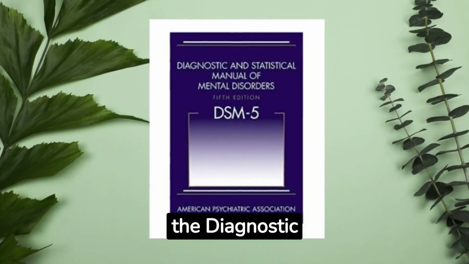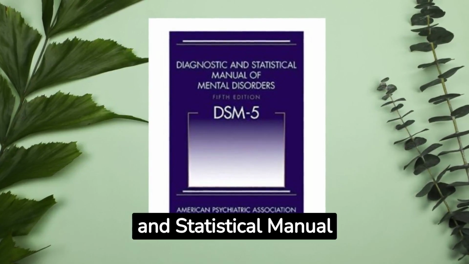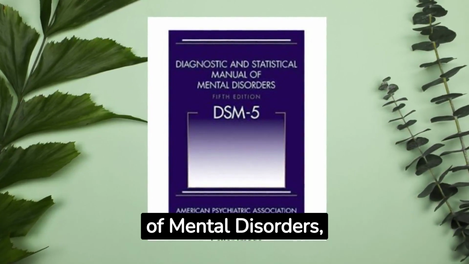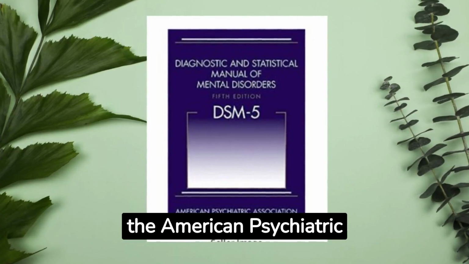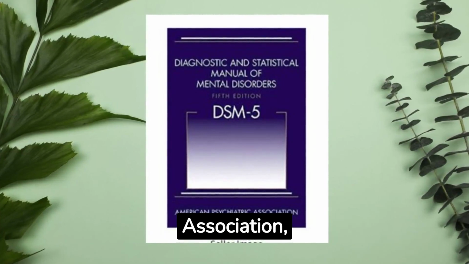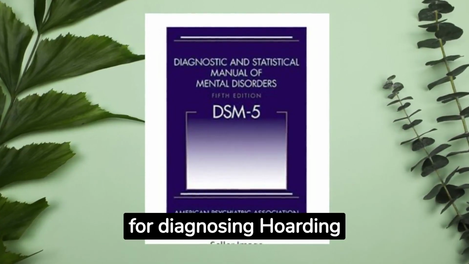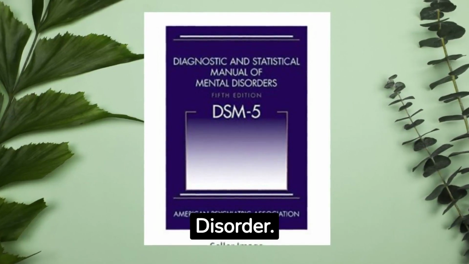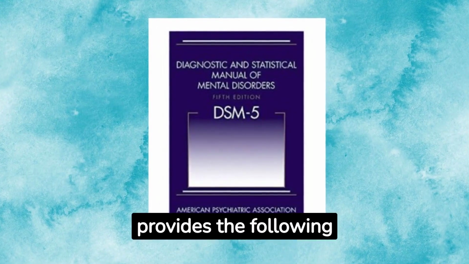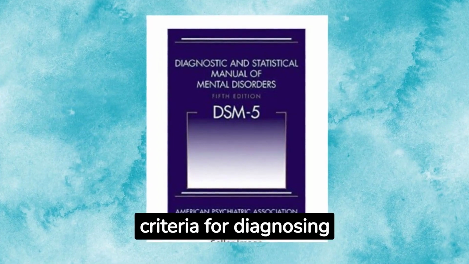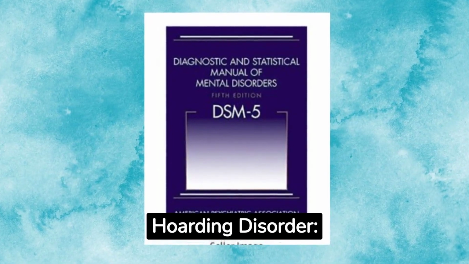According to the DSM-5, the Diagnostic and Statistical Manual of Mental Disorders, 5th edition, published by the American Psychiatric Association, there are specific criteria for diagnosing hoarding disorder. The DSM-5 provides the following criteria for diagnosing hoarding disorder.